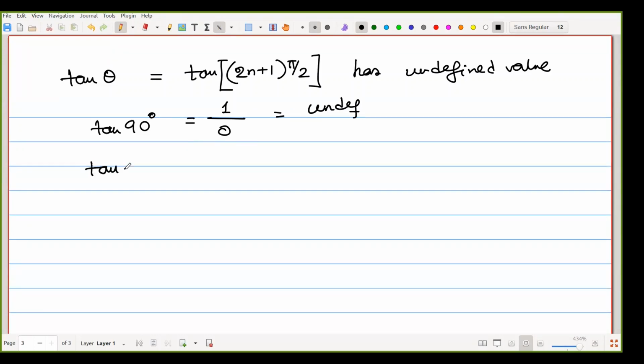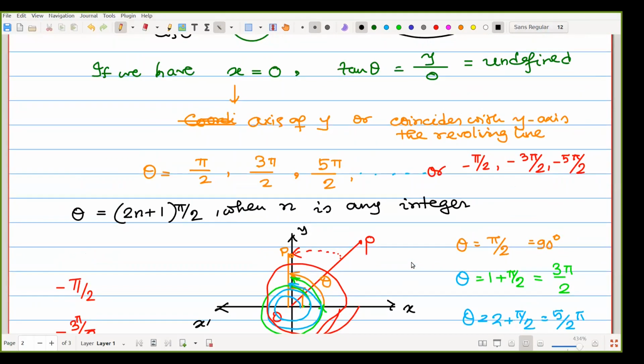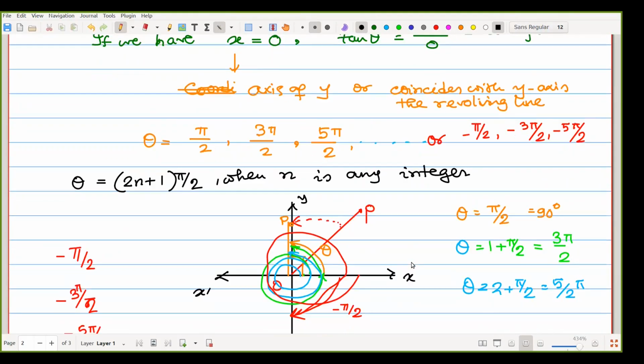Same as if we have 90 plus 180, then we can write it as 2n plus 1 into 90 degrees, which can be written as tan of 2n plus 1 pi by 2 is originally undefined. That is why it is happening here.